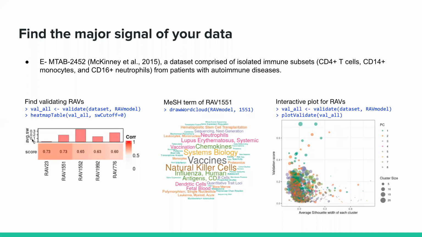And the silhouette widths are showing you something about the coherence of the RAV from that data set. So a high one like this shows this is a fairly compact, coherent cluster. Some of them are less compact, less coherent from the literature.